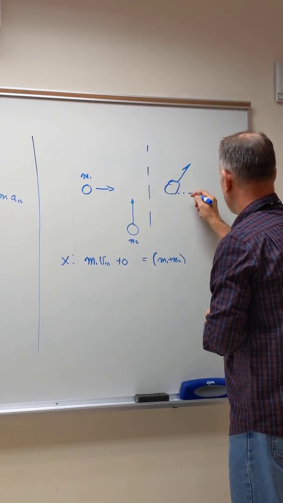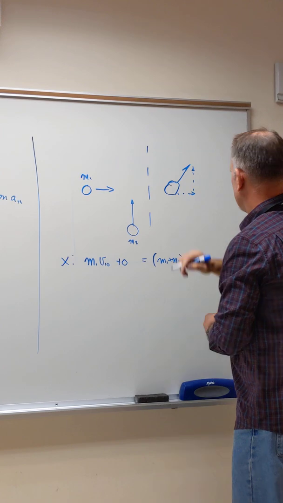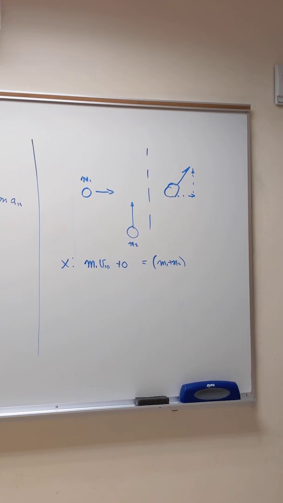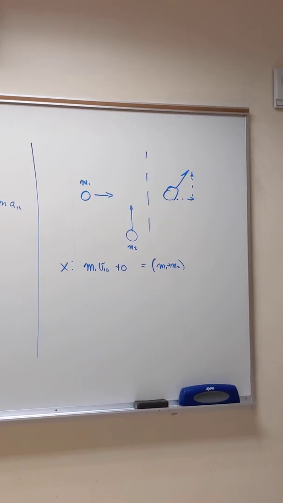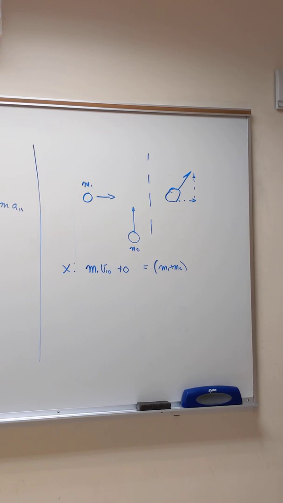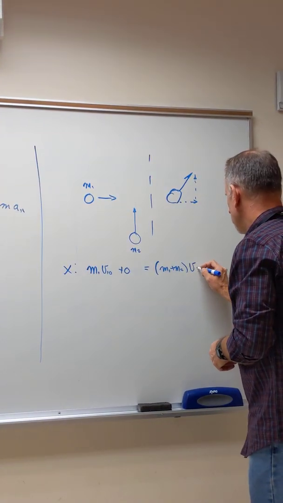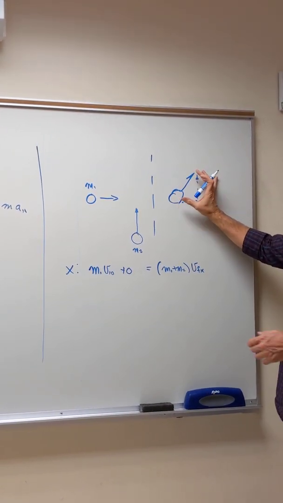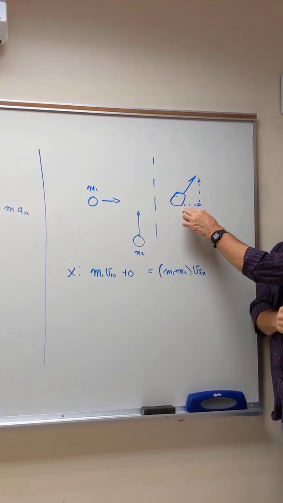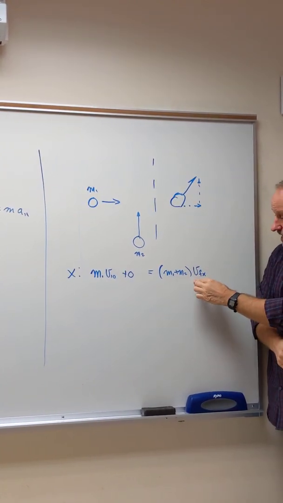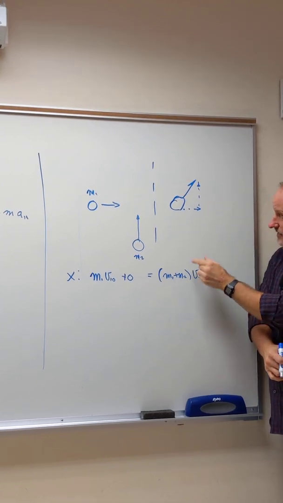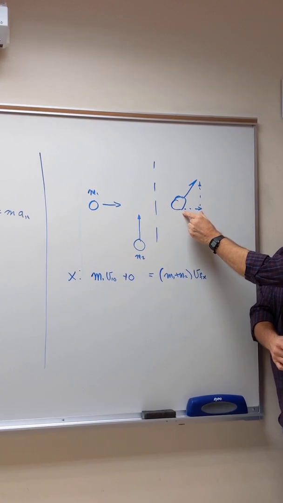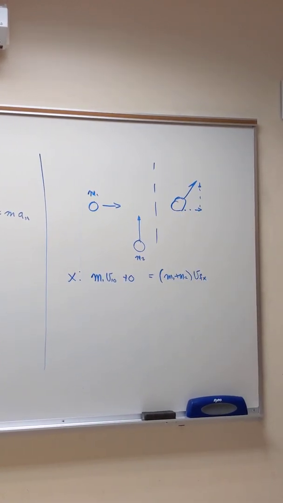Now be careful. V final x component, right? This is V final, the whole thing, but this is the only piece in the x direction. You guys tracking? So this is not this. This velocity is that. Now what?